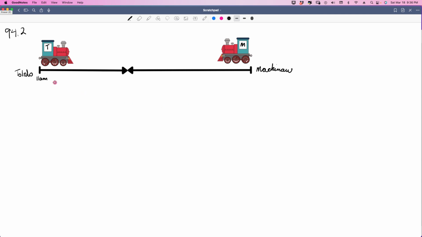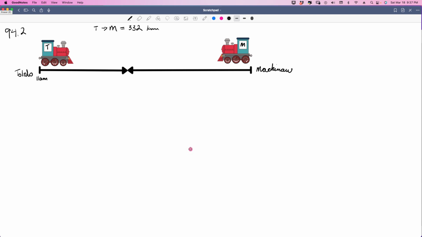And the total distance from Toledo to Mackinac is 332 kilometers. So from here to here is 332.